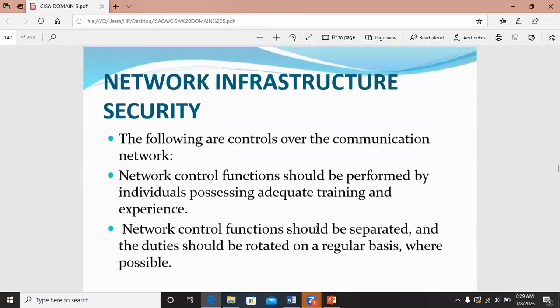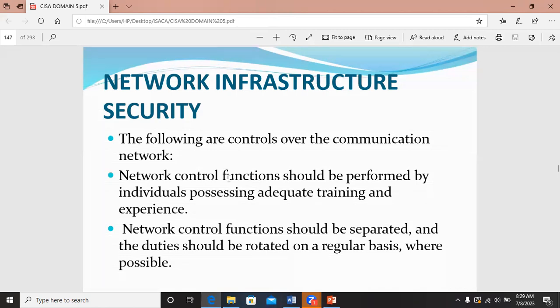All right, network infrastructure security. Network control functions should be performed by individuals possessing adequate training and experience. So you have to send your network people to specialist trainings, CCNA, CCNP, CCIE, network security training, as much as possible.